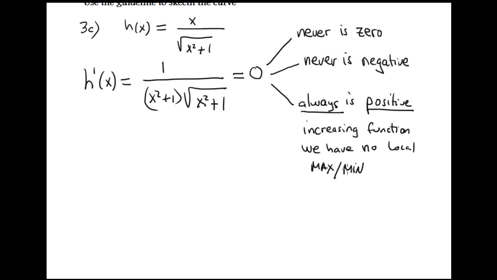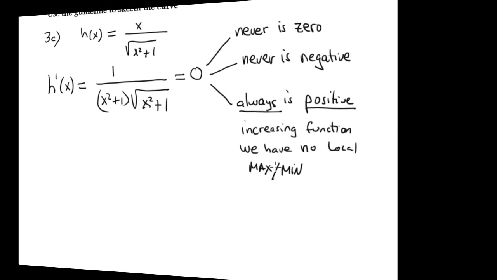Okay, good. Let's go now to the second derivative test. To find the second derivative, I need to manipulate this expression a little bit. This is 1, and this is x squared plus 1 raised to the 1 power, and this is 1/2, and 1/2 plus 1 is 3/2. Actually it is x squared plus 1 raised to the minus 3/2.